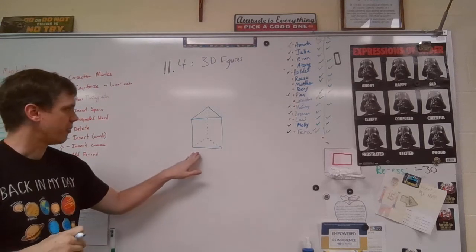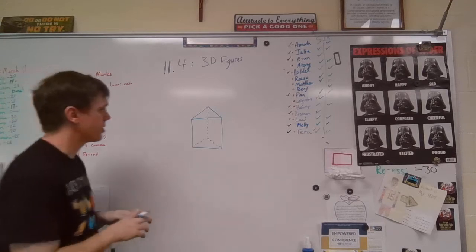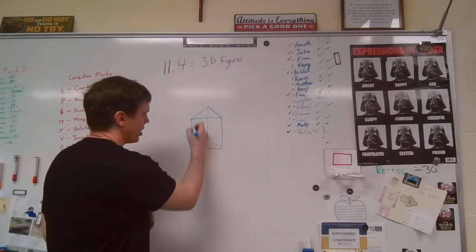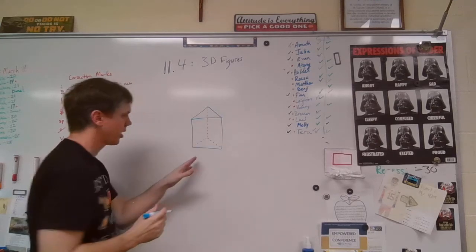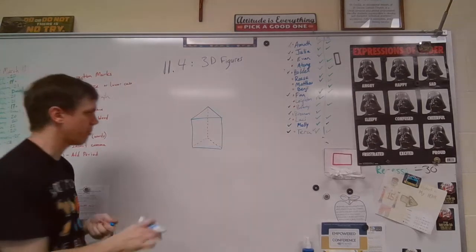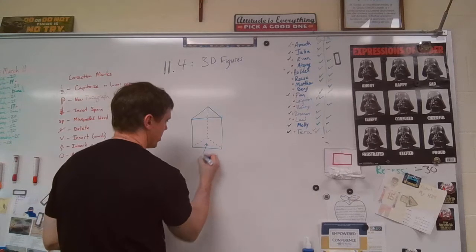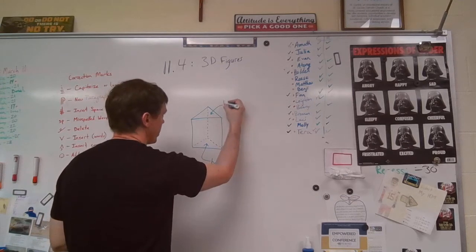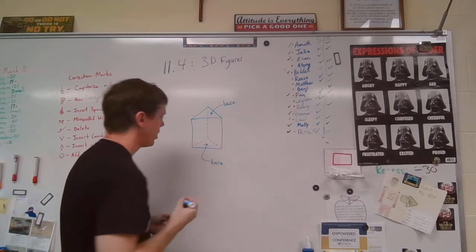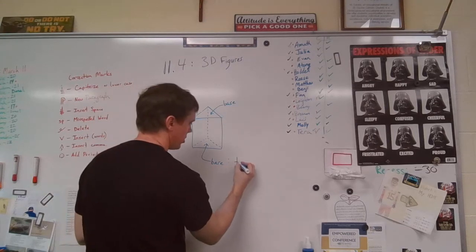Now, here's a little bit different, right? So here, we have a rectangle here. We also have a rectangle on this side and then a rectangle over here. So we've got three rectangles extending up from triangular bases. So here's your base, and that means that this is also the base. In this case, the base is a triangle.